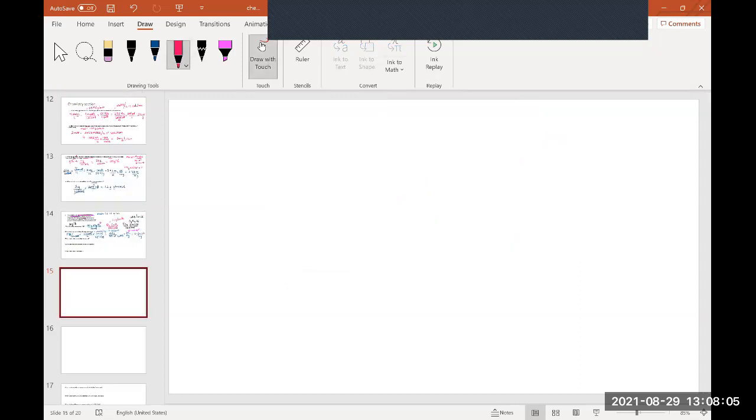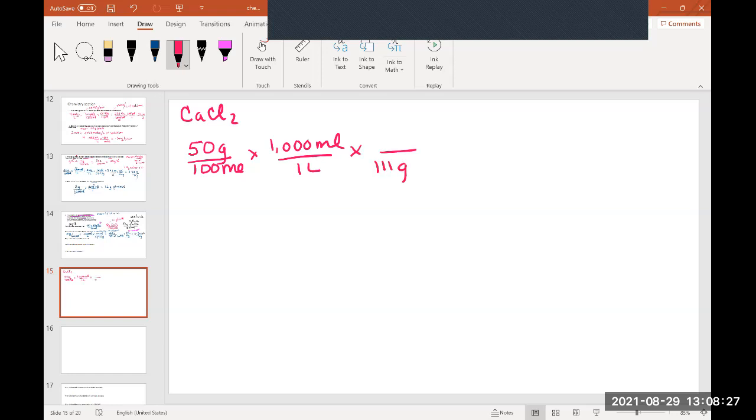What about for calcium chloride? Let's calculate its molality. For calcium chloride, again, I start with 50 grams for every 100 milliliters. There are 1,000 milliliters for every liter. For every 111 grams, there's 1 mole.